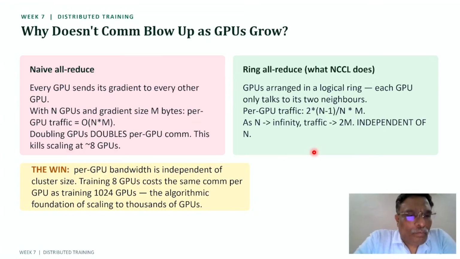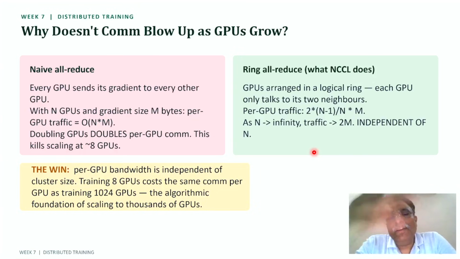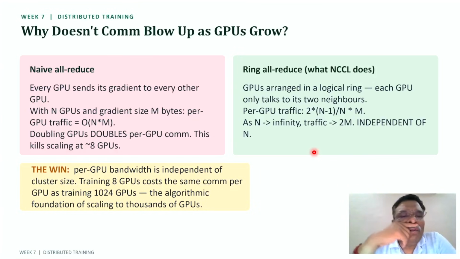The win here is that per GPU bandwidth is independent of the cluster size in ring all reduce. If you're using 8 GPUs for training, it costs the same communication per GPU as using 1024 GPUs for training.